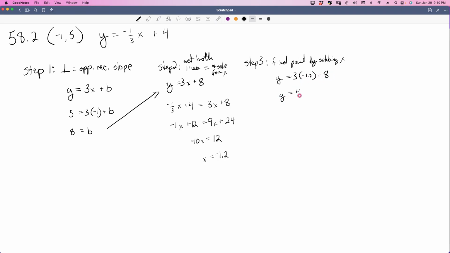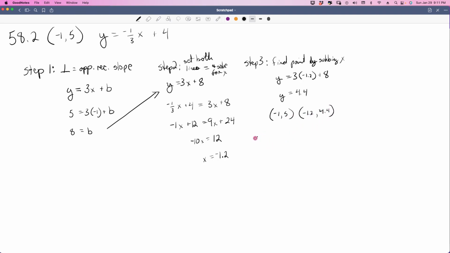Y is equal to 4.4. Okay. So now we have our x and our y. So we have our original point here, which is negative 1 and 5, and our new point, which is negative 1.2 and 4.4. Those are our 2 points.